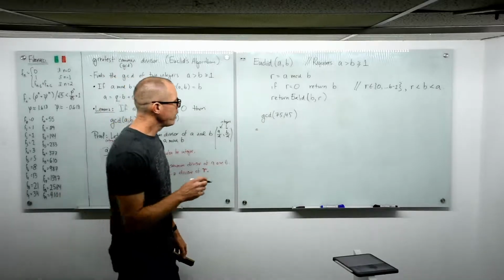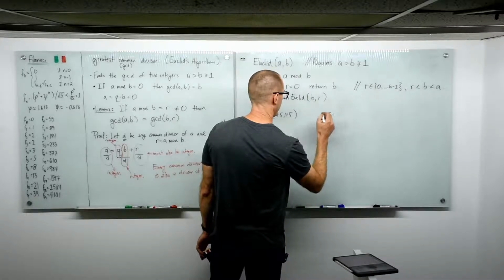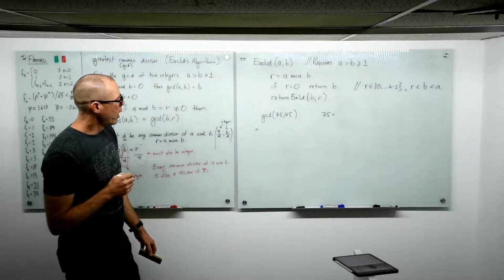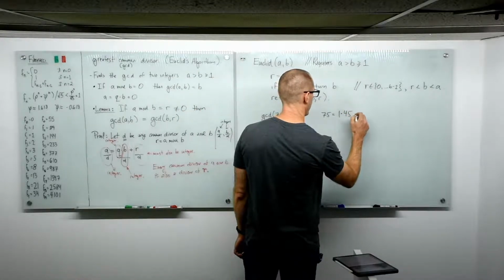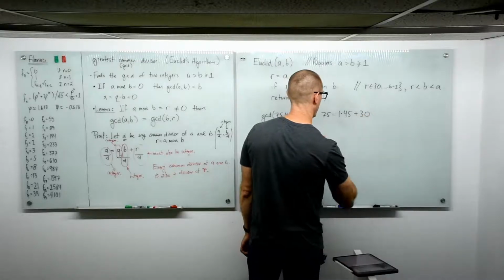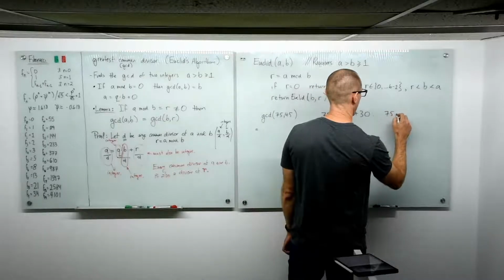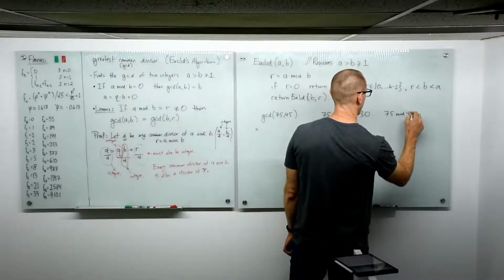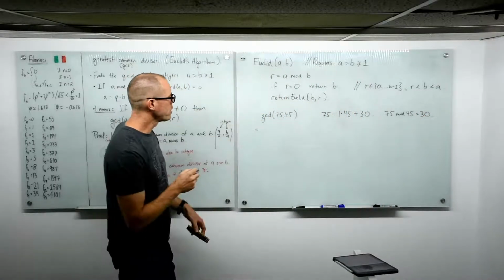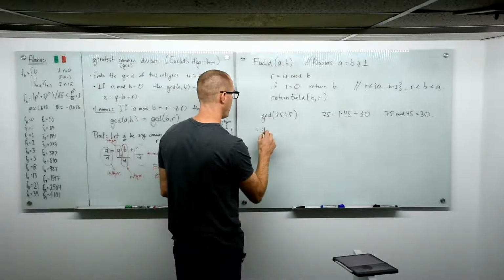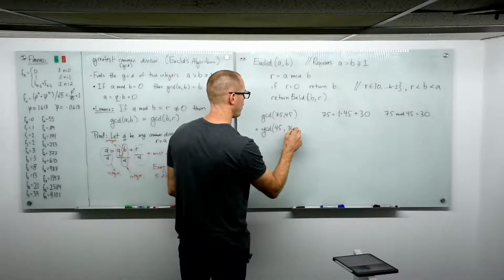Well, 75 is equal to 1 times 45 plus 30. Okay. So that means that 75 mod 45 is equal to 30, which then means that the GCD of 75 and 45 is equal to the GCD of 45 and 30.